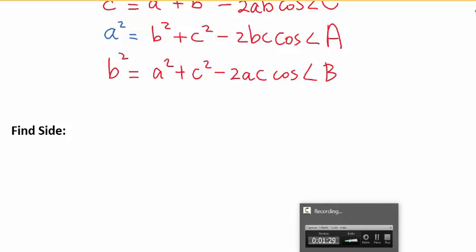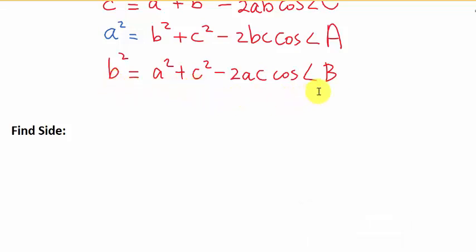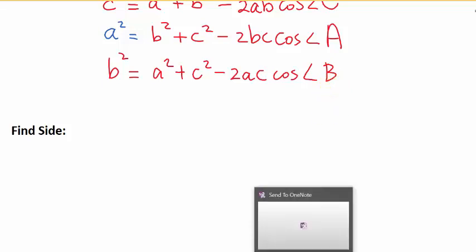If you look at this one right here, how many pieces of information do you have? 1, 2, 3, and 4. So there's actually 4 pieces of information in that one formula.